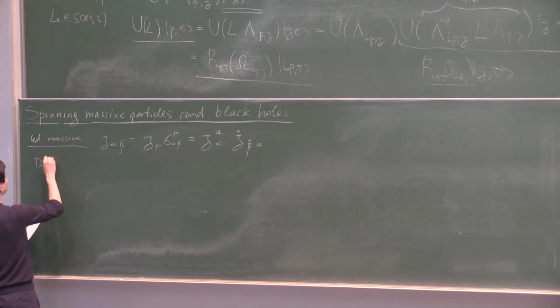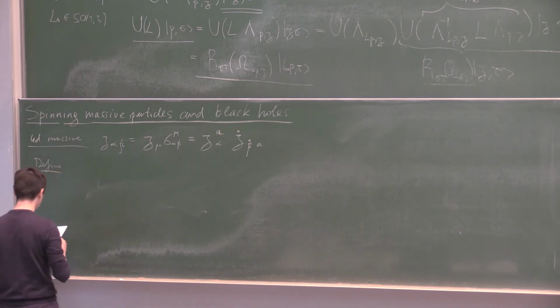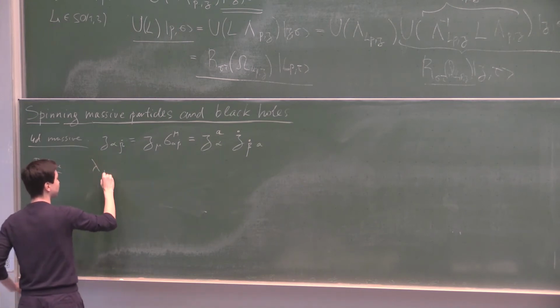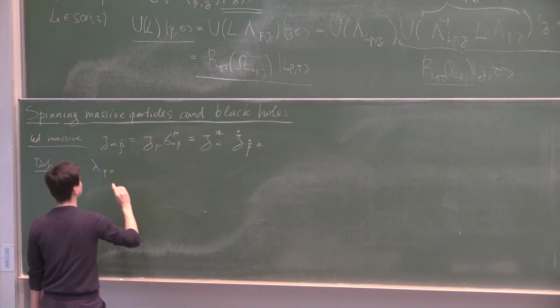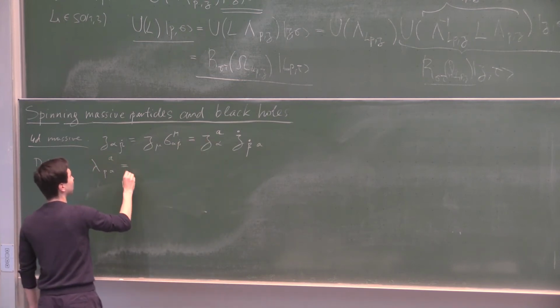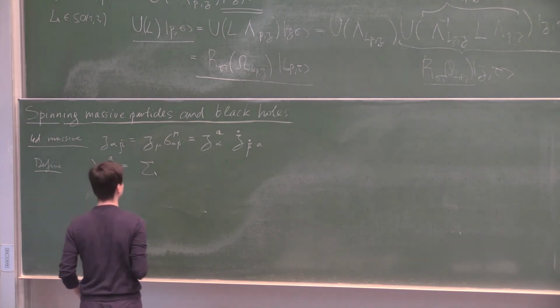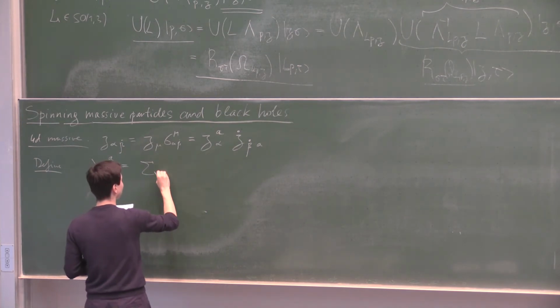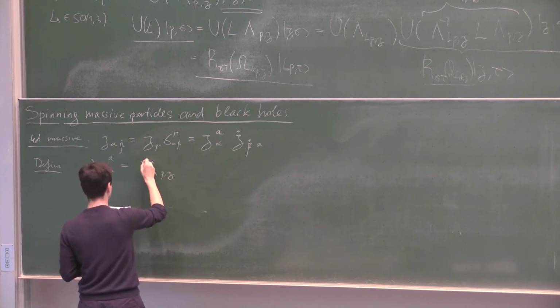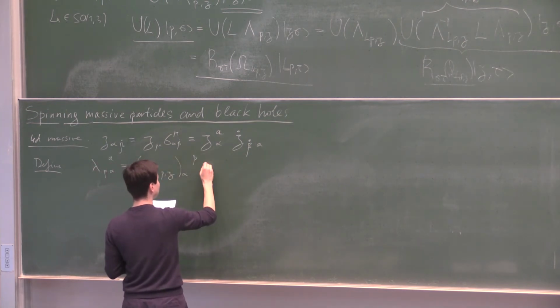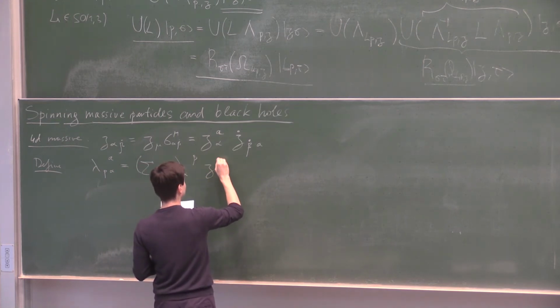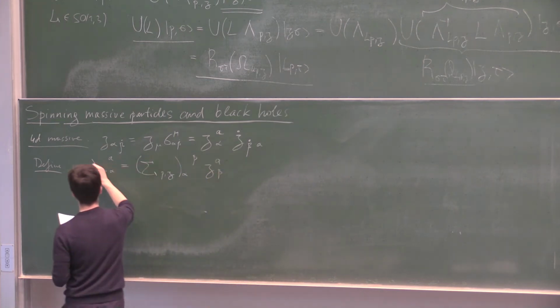So in the same way, let us define any other matrix of this kind through some SL2C matrix. P zeta alpha beta, A beta.